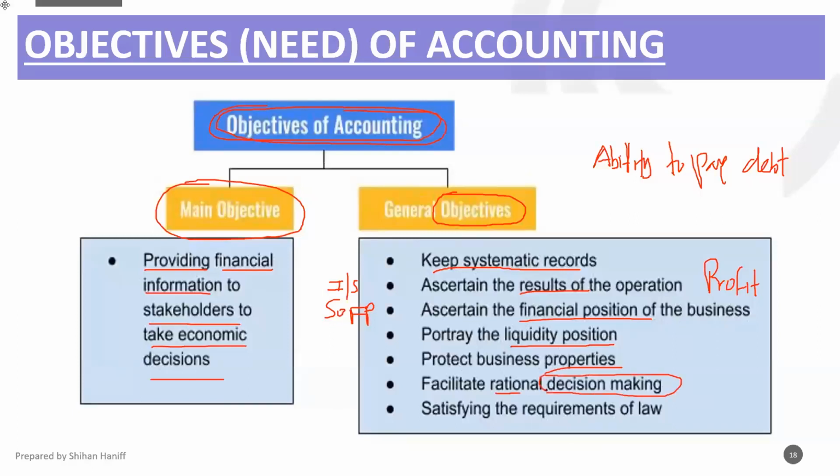We can make economic decisions, the best decisions that we are going to make. And it satisfies the requirements of law, especially the Inland Revenue Department on tax, the Registrar of Companies, and the Colombo Stock Exchange if it is a listed company. So those are the objectives of accounting.